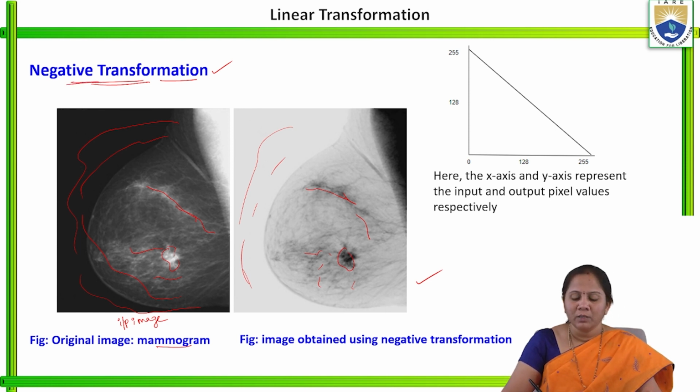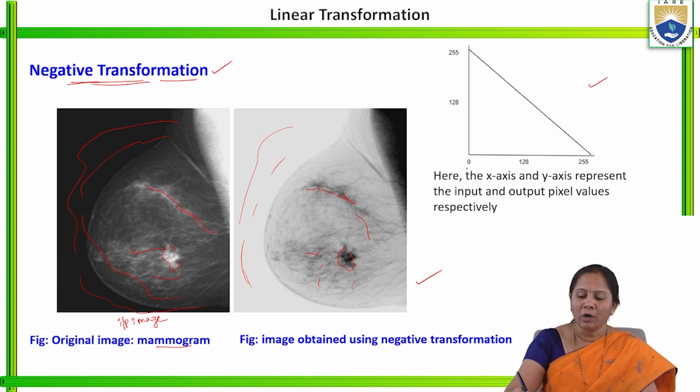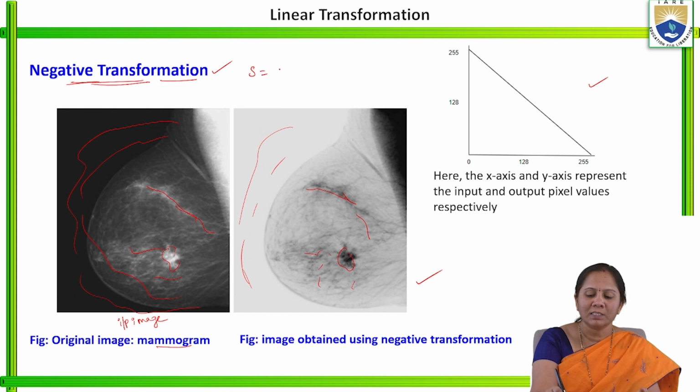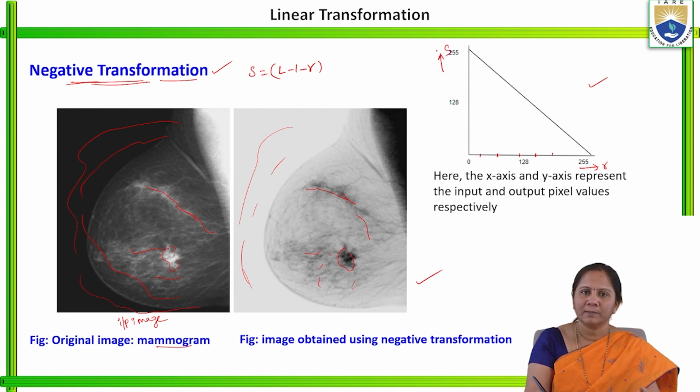Now, this is the graph we have obtained from this negative transformation. So how we have obtained this graph means, we have seen the equation related to this negative transformation, that is S is equal to L minus 1 minus R. So if you consider any value, so this is here R, and here this is S. So for example, as we have discussed, what will be the value of S?